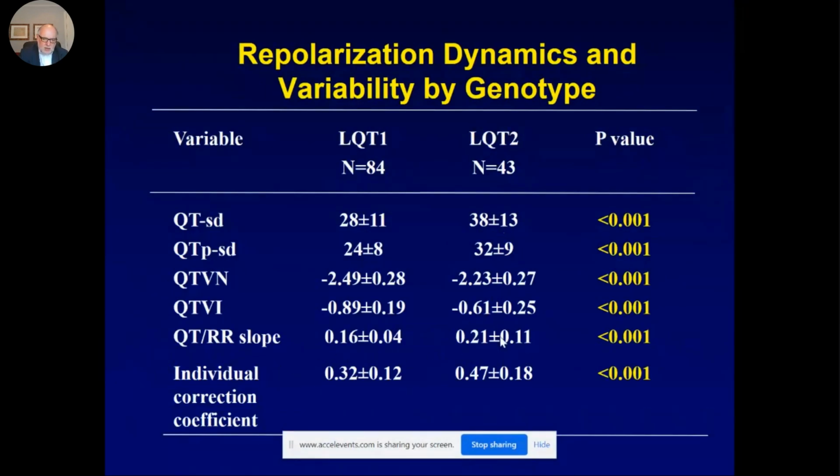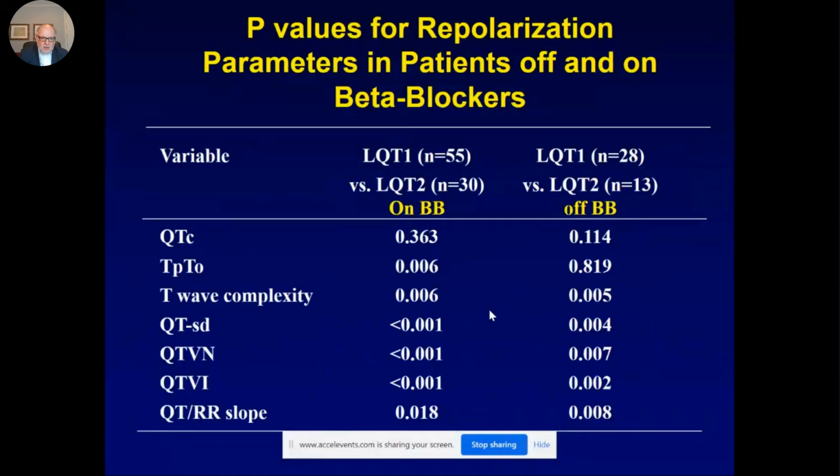We also look at QT-RR slope and also individual QTc correction, which show different coefficients in those two groups. So definitely there is a different phenotypic presentation from a QT variability and QT dynamics perspective in LQT2 patients.